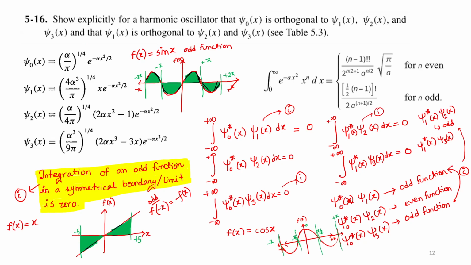So if you check the area under the curve between pi by 2 and minus pi by 2, the magnitude is actually the same and the sign is also the same, which is twice of that.